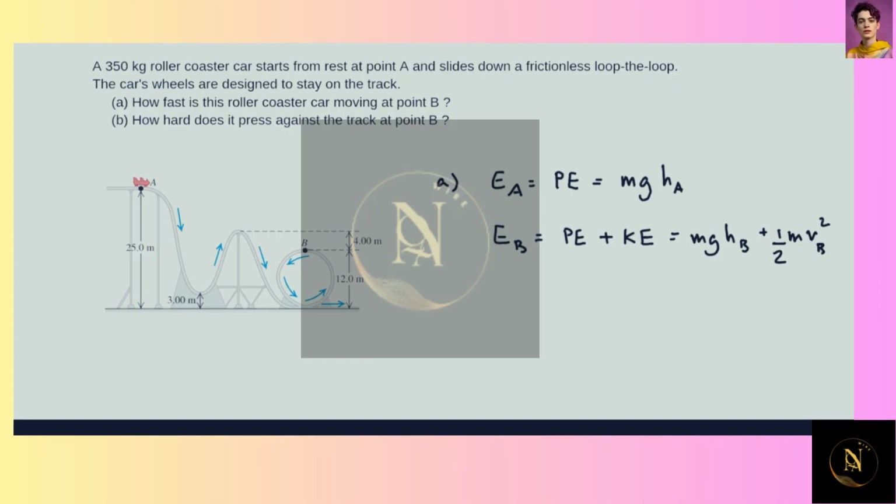So due to energy conservation, we have that energy A is equal to energy B, which means that mg times HA will be equal to mg times HB plus 1/2 m times the velocity at point B squared.